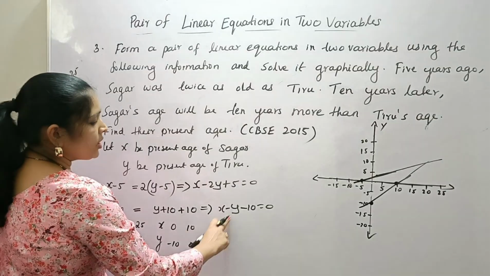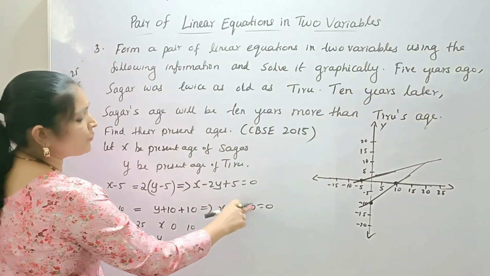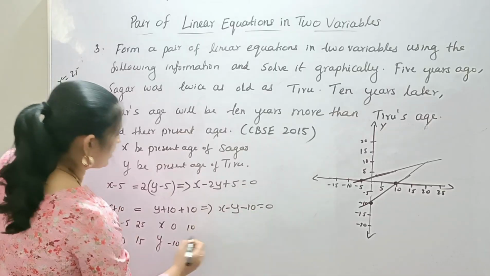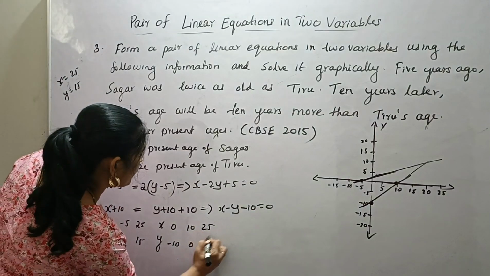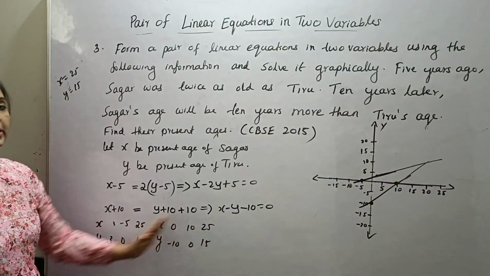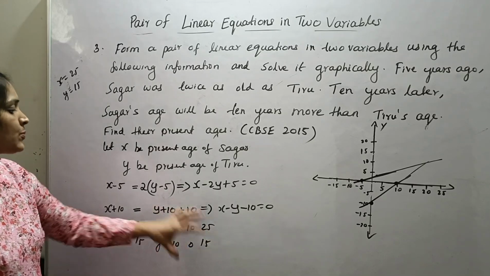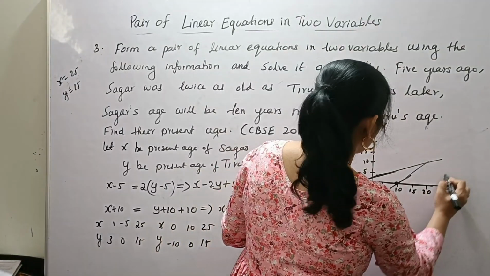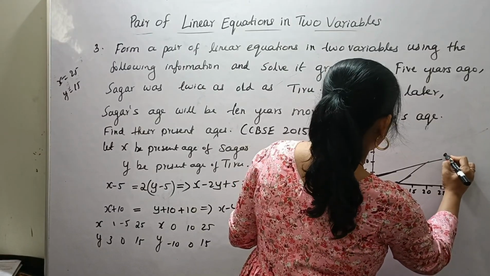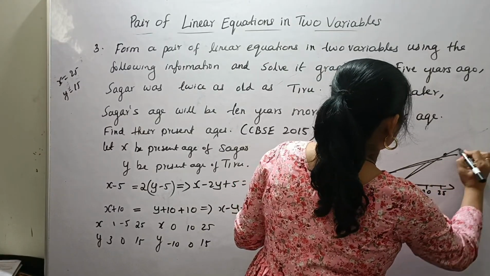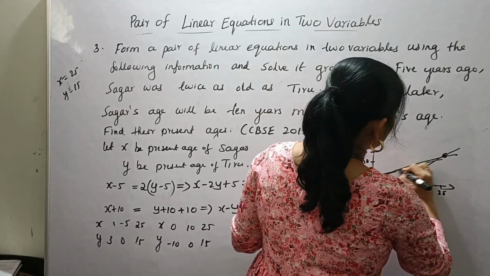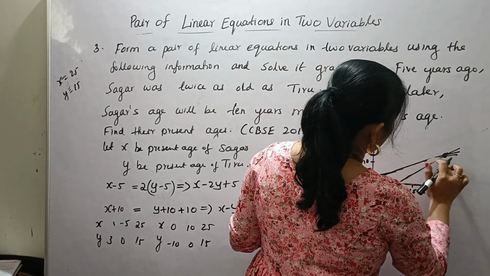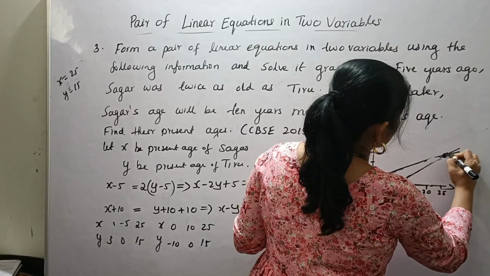And in this equation, put x is equal to 25. 25 minus 10, 15. So y is equal to 15. Okay, so x is equal to 25, y is equal to 15. The same point. So here in this point, these 2 lines intersect each other.